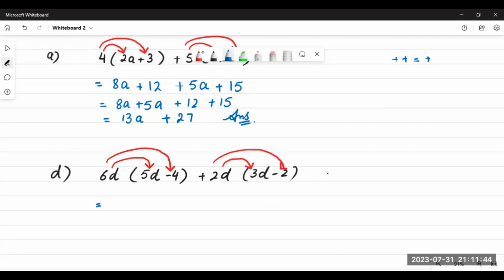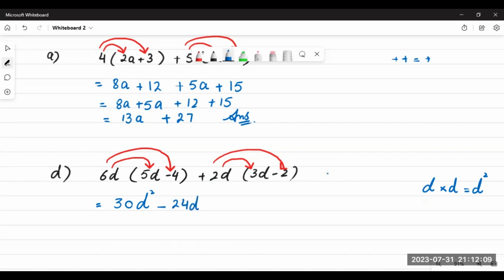First of all, 6 5s are 30. And when you multiply D with D, it will be D square. So here plus minus minus, 6 4s are 24 and D will be there.